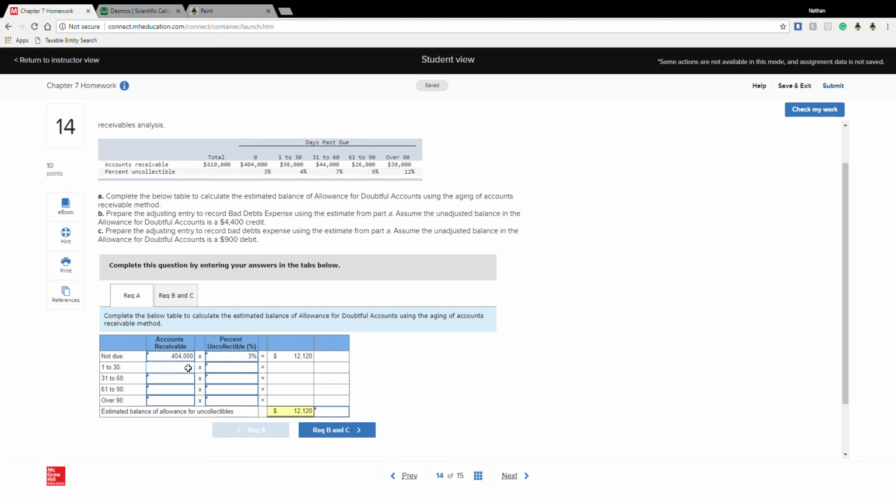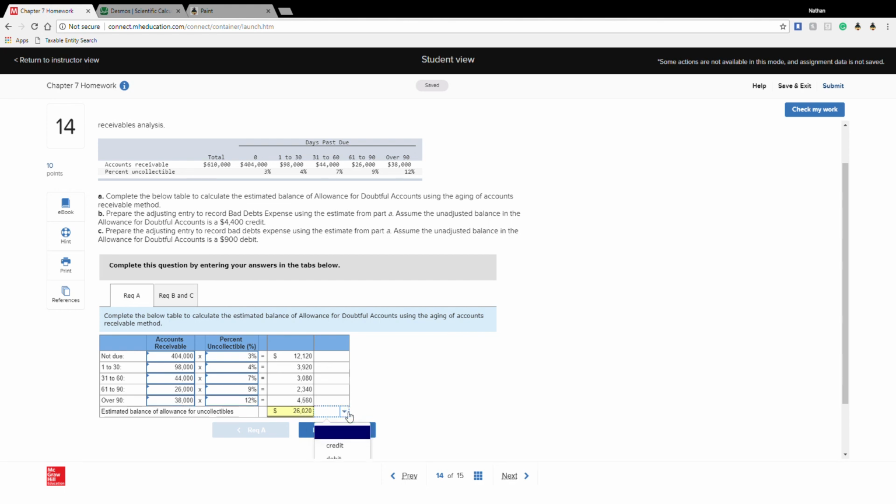So let's keep going with this. $31 to $60, and that was 7%. 26,000 had 9%, and then over 90, you got 38,000 with 12.